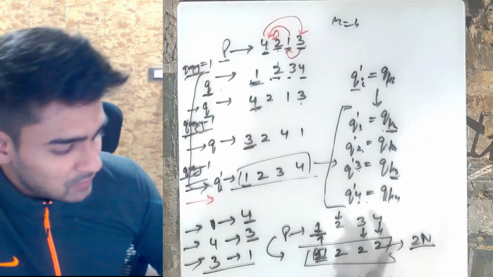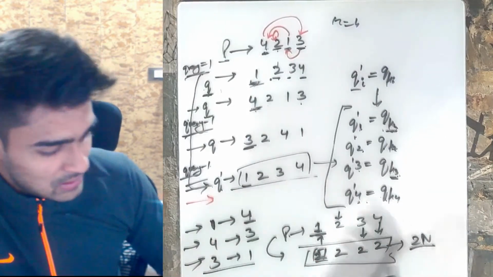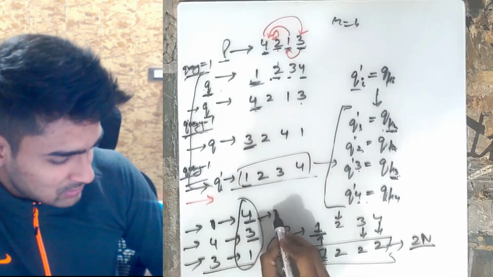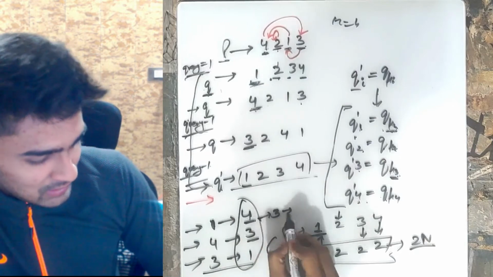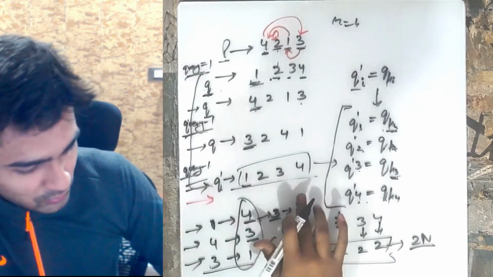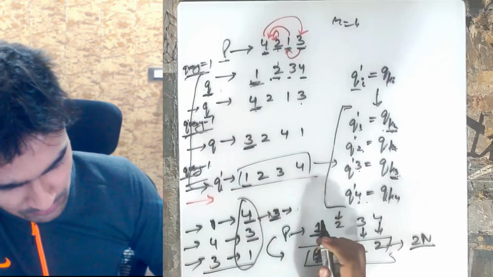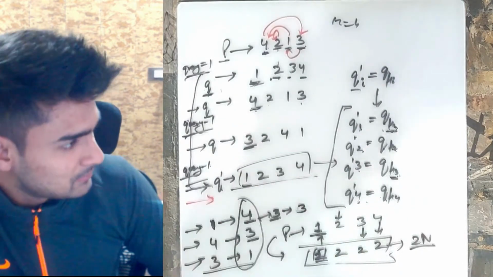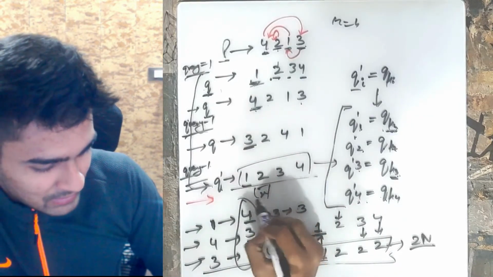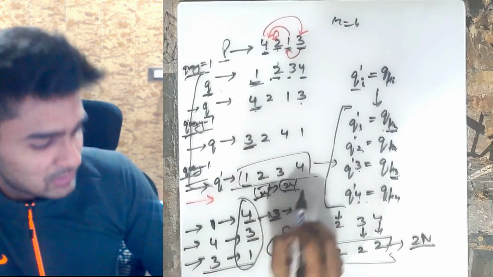But it is obvious that there will be cycles. Let's say a cycle has 3 values. If there were 3 values, then we had to make 3 queries only. Sorry, 4 queries, I think. No, 3 queries only. So basically, if I have a cycle of x integers, then we'll have to make x queries only.